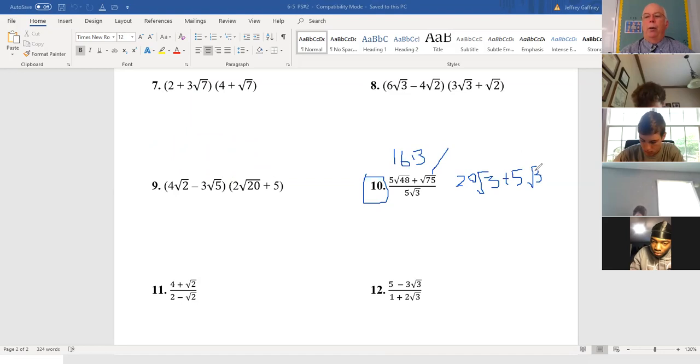So we're making progress. I've got 2 like radical expressions I can combine in the numerator. I've got 25 radical 3 as a numerator over 5 radical 3.